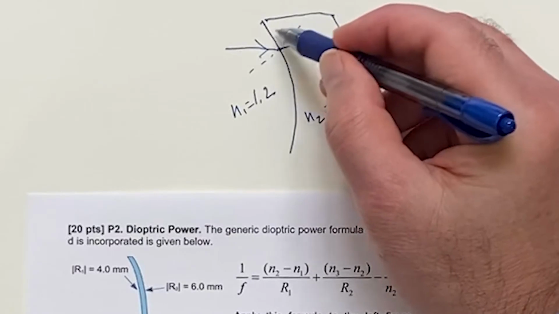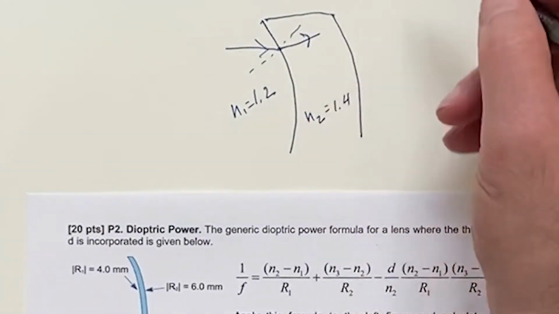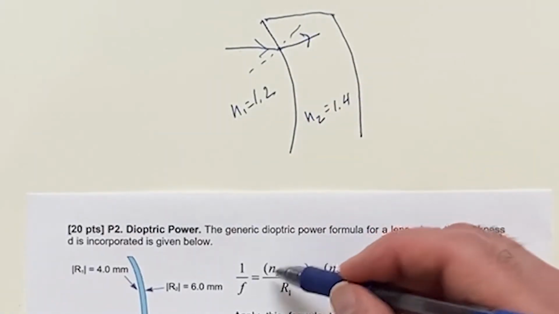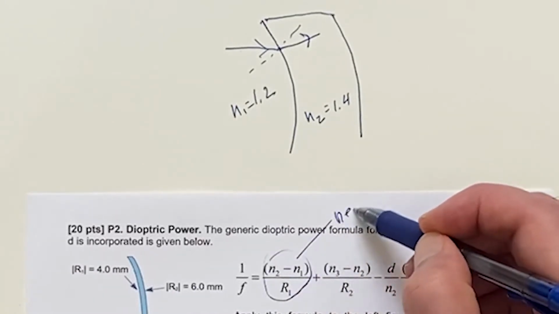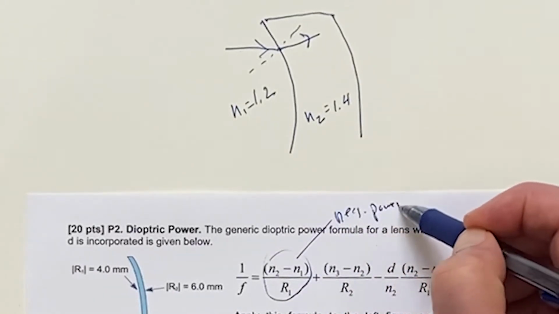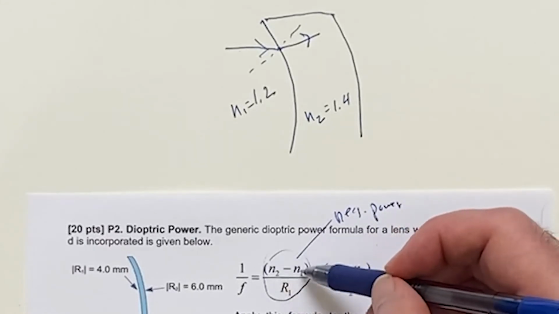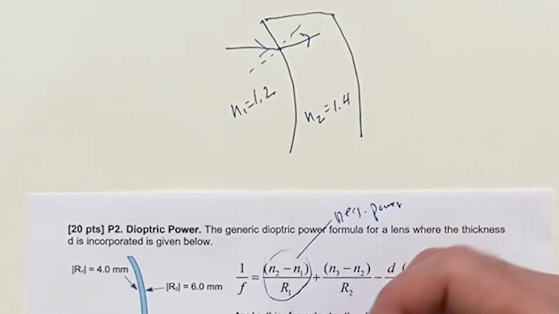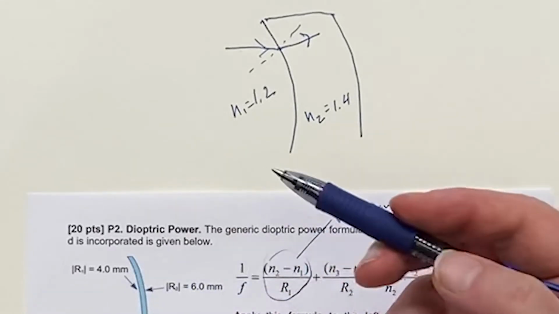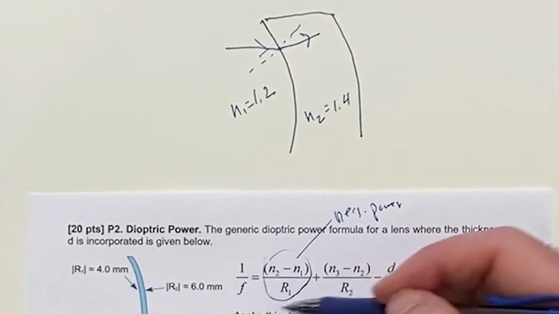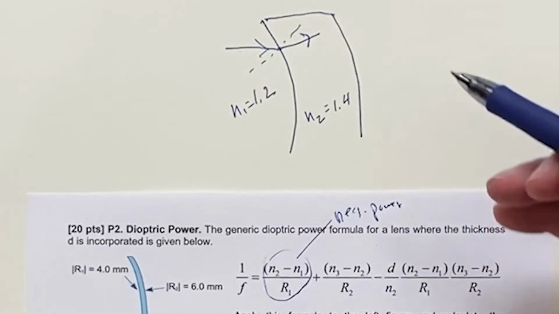So that means this is diverging, this is negative power. So this first one here has to have negative power. So if N2 minus N1 is positive, R1 has to be negative. And you may say, well, maybe you remember that from class, but I like to always check it this way.